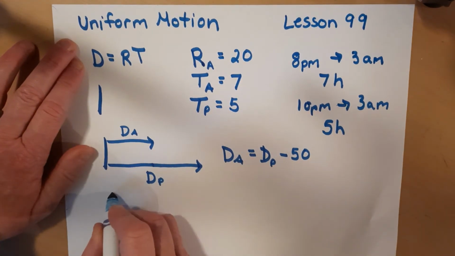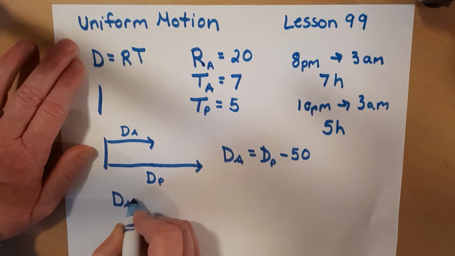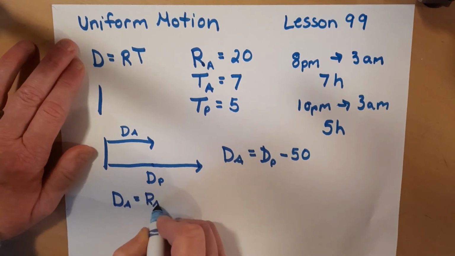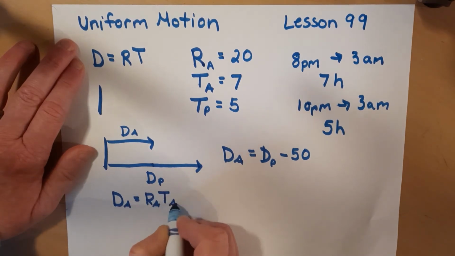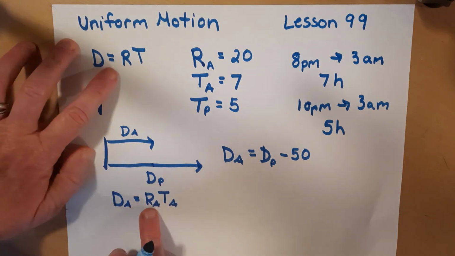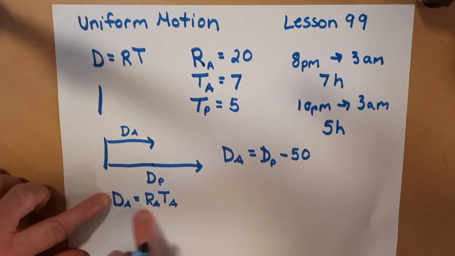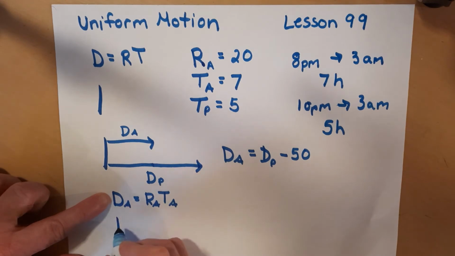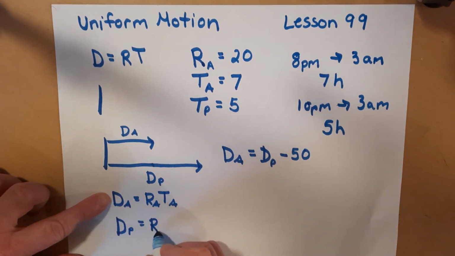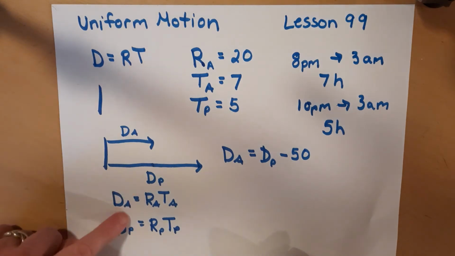So we are going to have the distance of Achilles equals the rate of Achilles times the time of Achilles. That's our basic formula. Distance equals rate times time. And then for Patroclus, we're going to do the same thing, only we're going to write the distance of Patroclus equals the rate of Patroclus times the time of Patroclus. Those are our basic formulas.